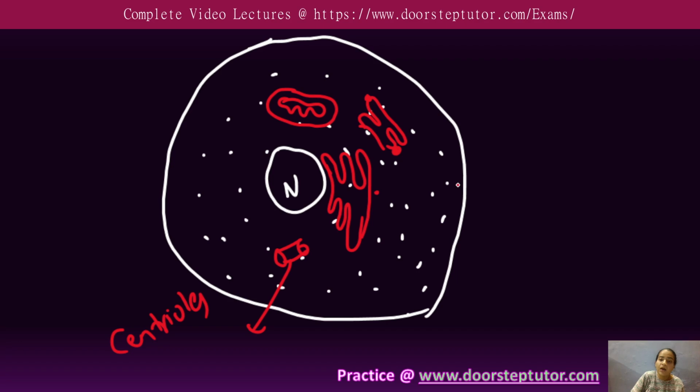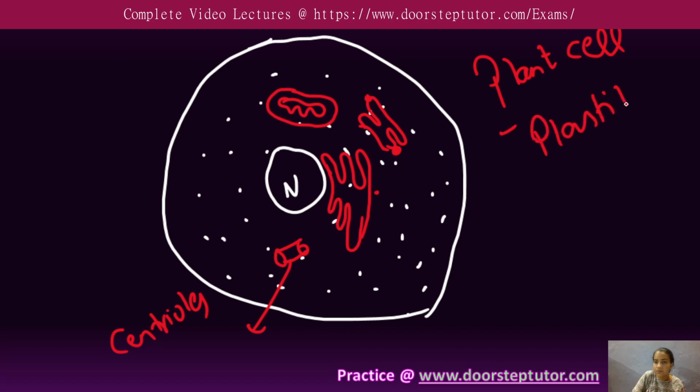Besides that, endoplasmic reticulum, Golgi body, centriole, nucleus, and many other organelles are also present in a eukaryotic cell. In the case of a plant cell, we also have plastids and a large vacuole.